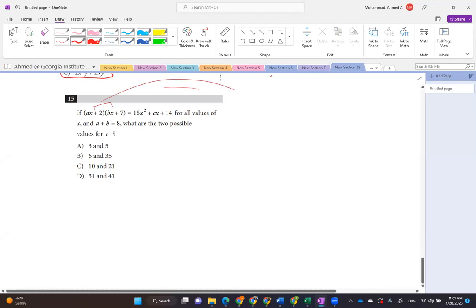So we're gonna do the operation over here. AX multiplied by BX is ABX squared, right? I'm gonna multiply the first term with the first term.